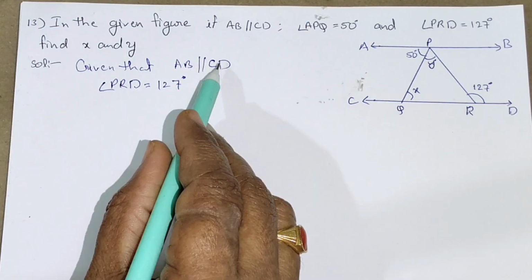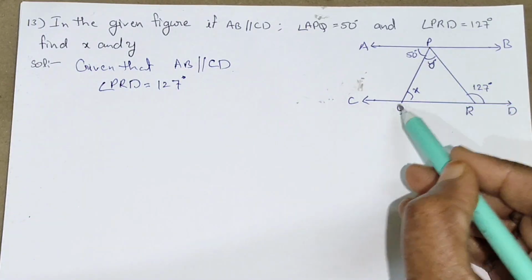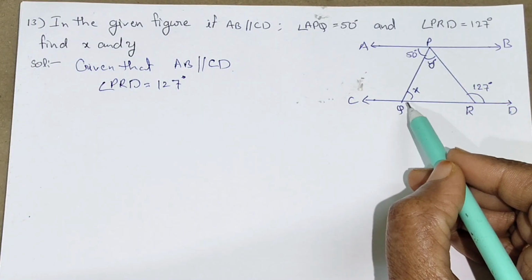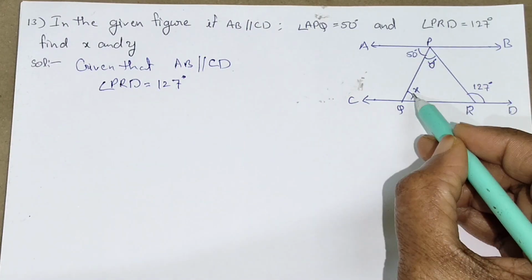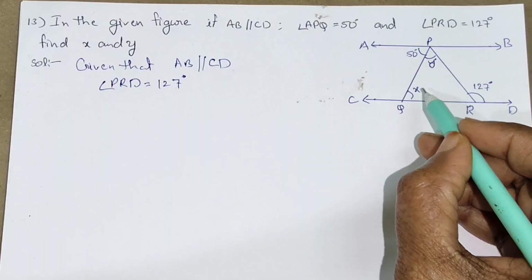Here AB is parallel to CD and PQ is a transversal. So 50 is equal to x. These two are equal, alternate interior angles.